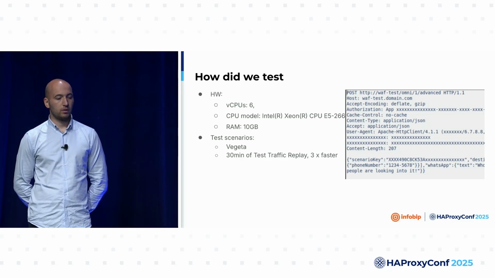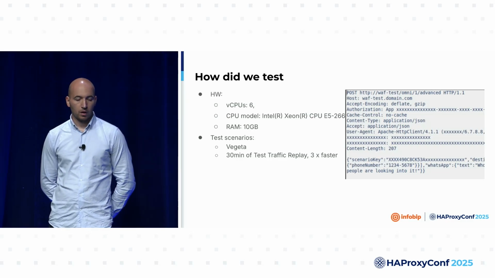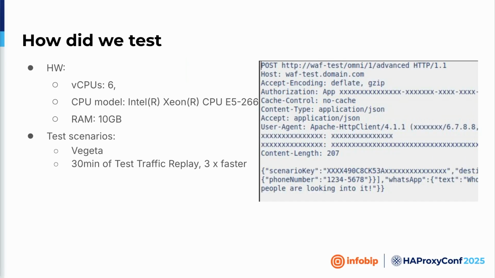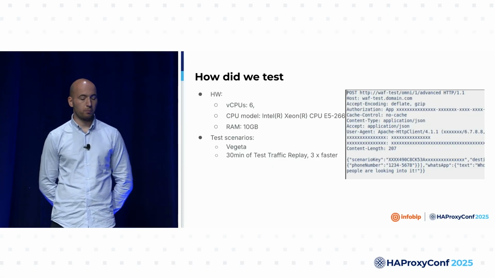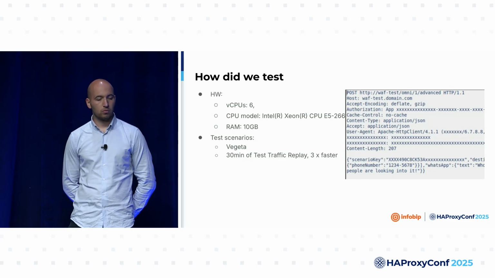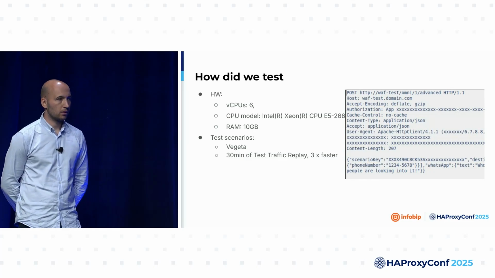So how did we test? Well, we deployed one instance as a Docker container, and we started with testing. We used the tool Vegeta, which is an HTTP load testing tool, and we had two different scenarios.